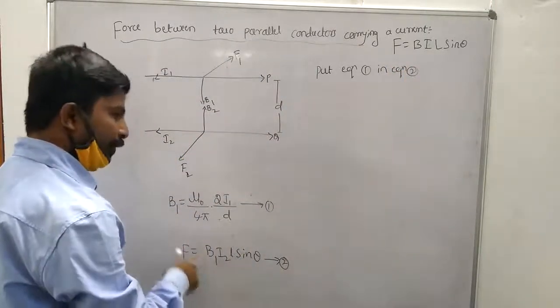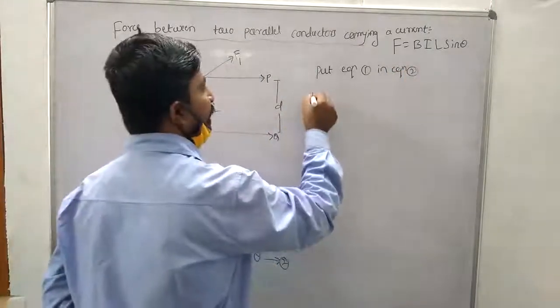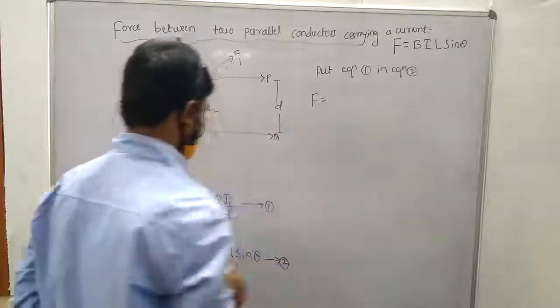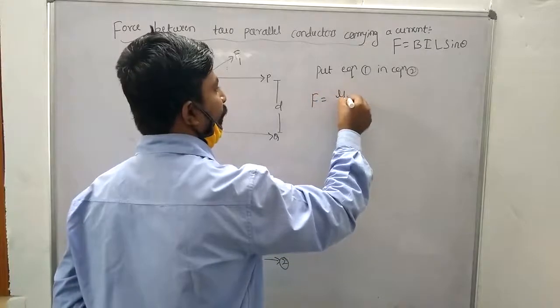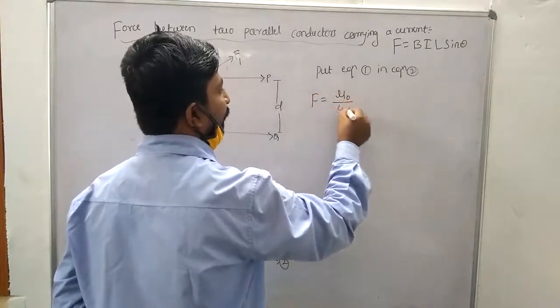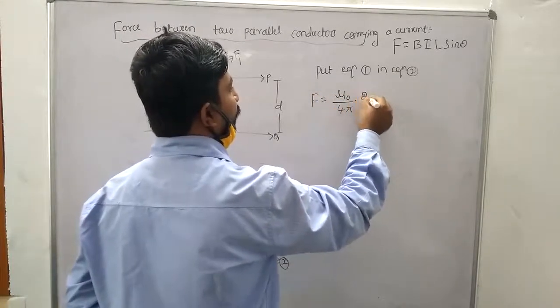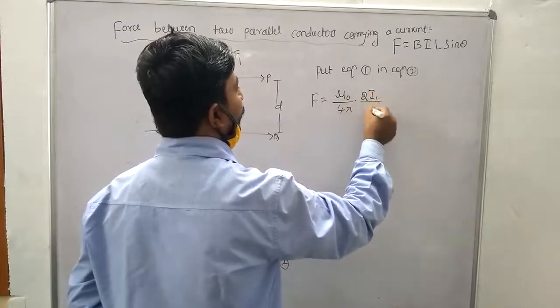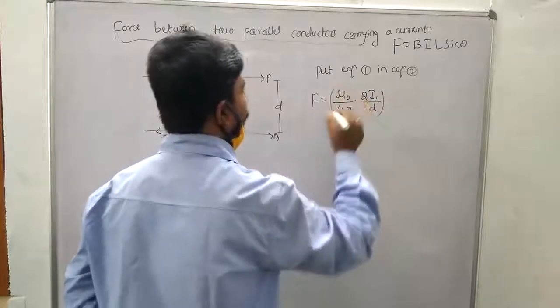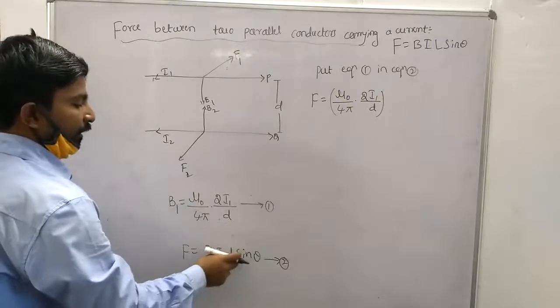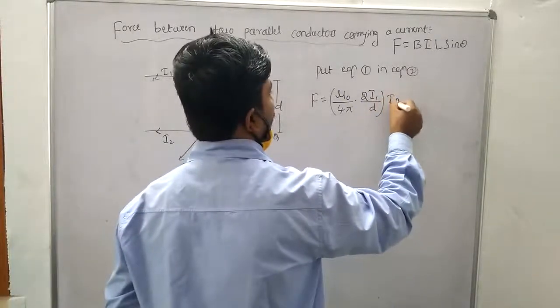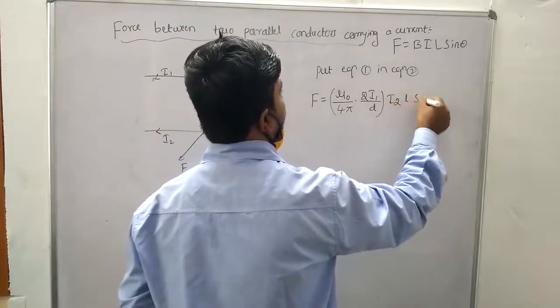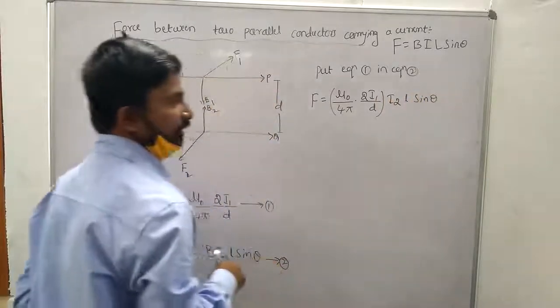Therefore equation 2 can be written as F is equal to μ0 divided by 4π into 2I1/d, then I2 L sin theta as it is.